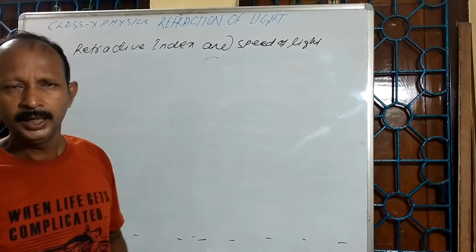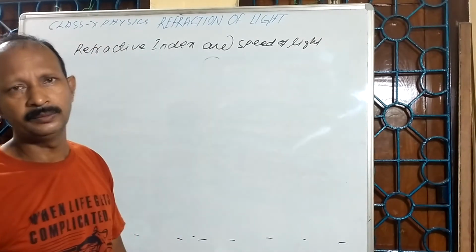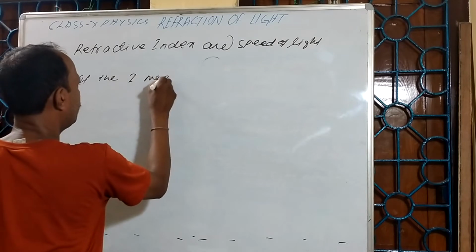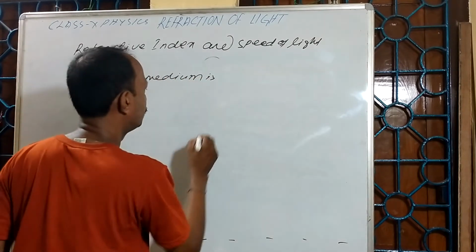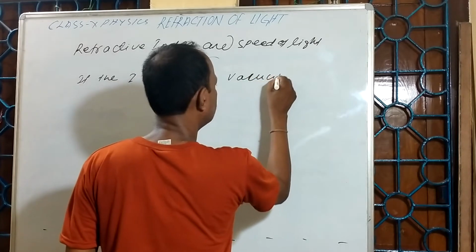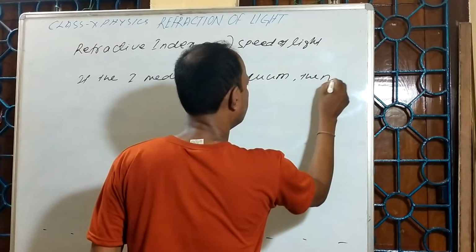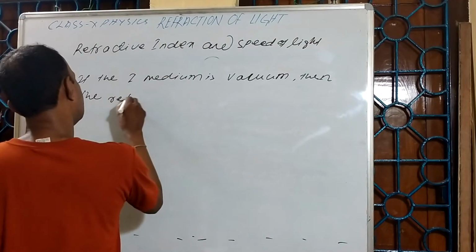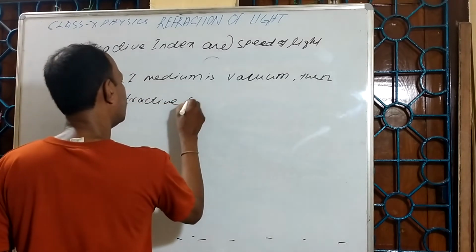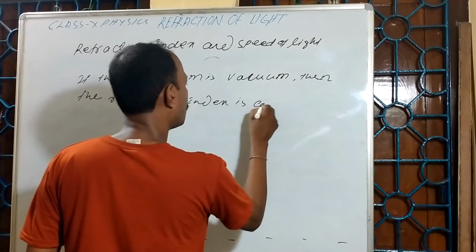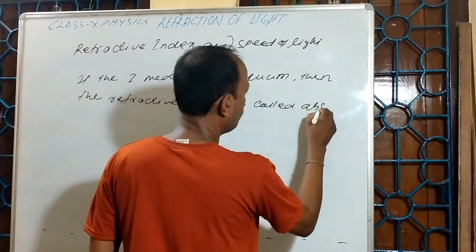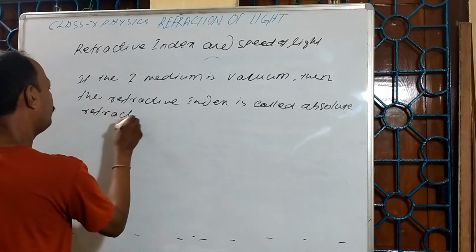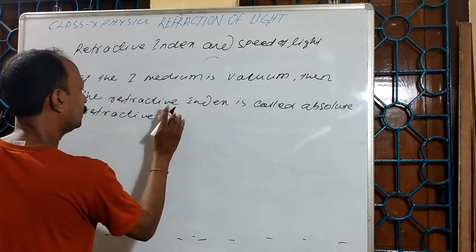Suppose the first medium is vacuum. If the first medium is vacuum, then the refractive index is called absolute refractive index.